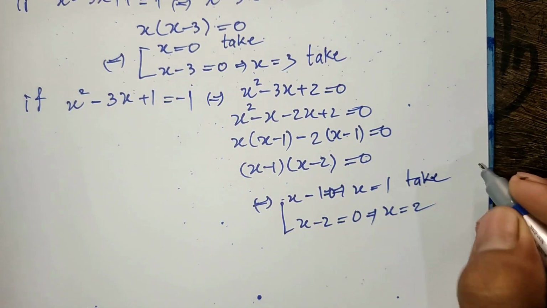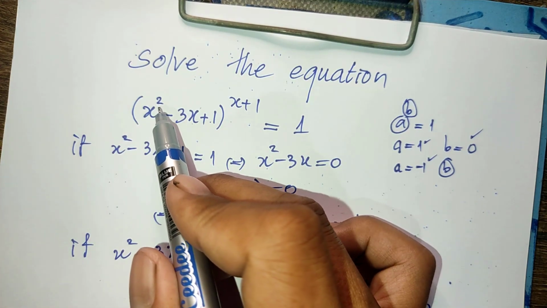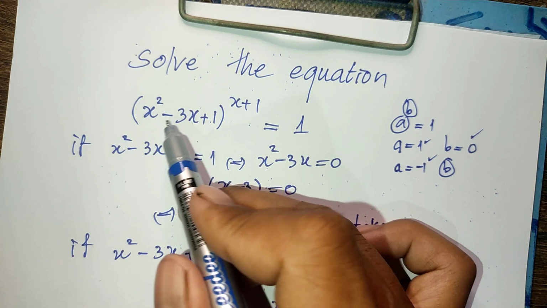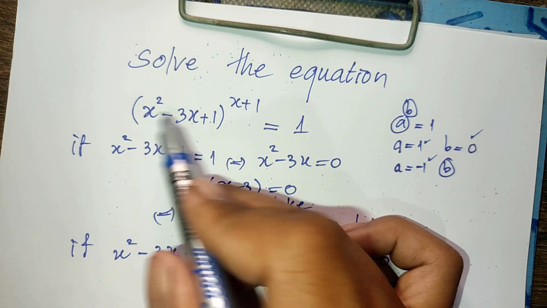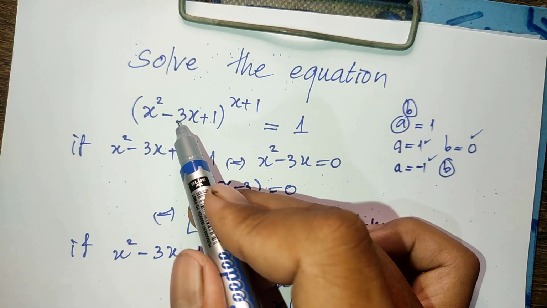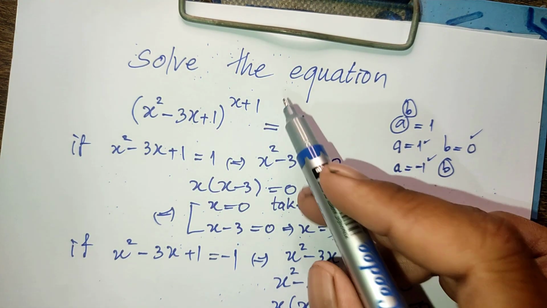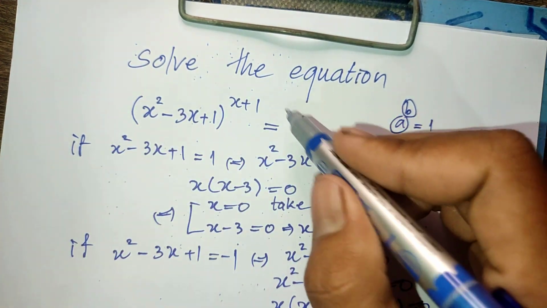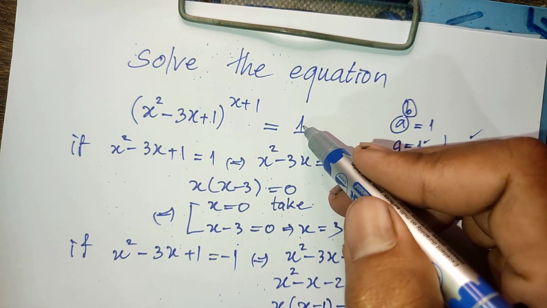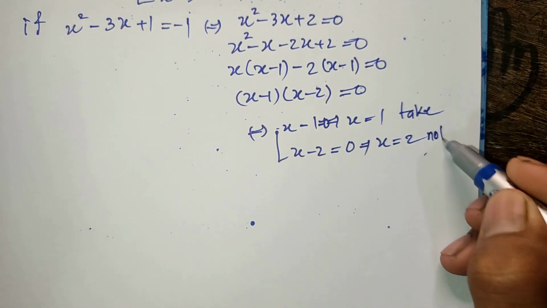Yes, and now x is equal to 2, so 2 squared equals 4, and 3 multiplied by 2 we get 6, and 4 plus 1 we get 5, and 5 minus 6 we get minus 1, but the exponent we replace by 2 plus 1 we get 3, so minus 1 to the power 3 is equal to minus 1, is not equal to 1. So now we reject this.